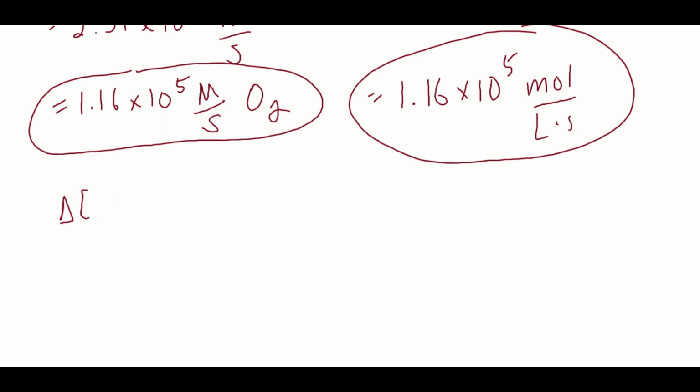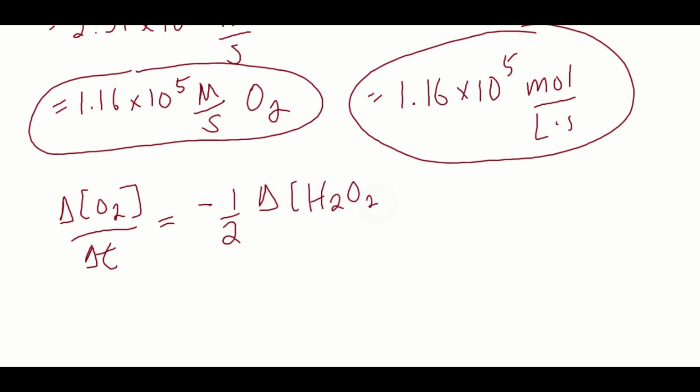So the change in the concentration of the production of oxygen over the change in time is equal to negative 1 over the coefficient times the change in the concentration of the reactant, hydrogen peroxide, over the change in time. And that's how you get the answer.